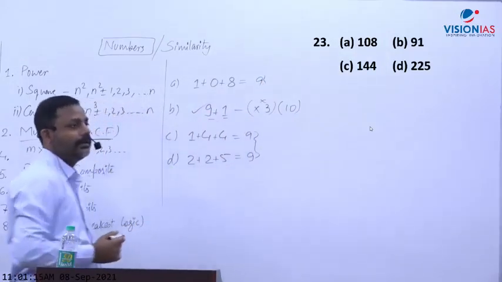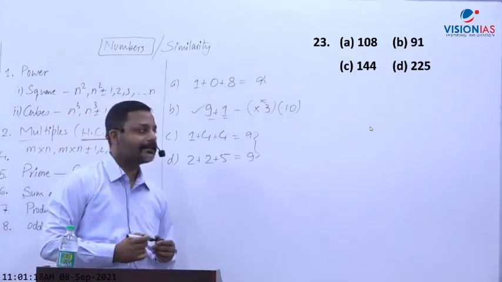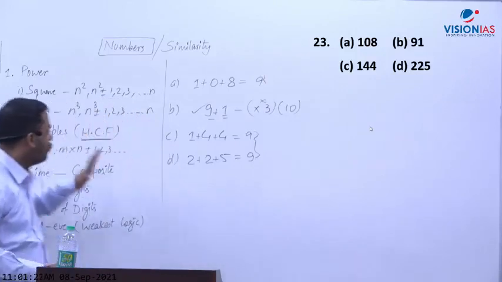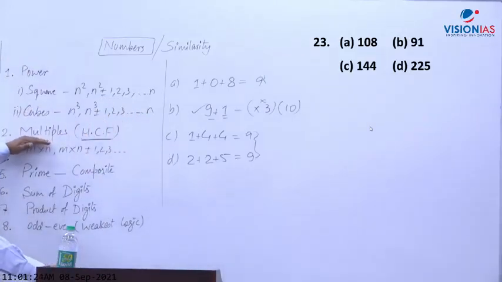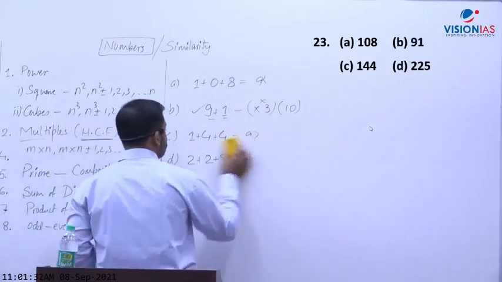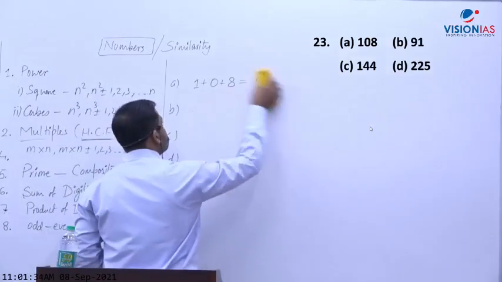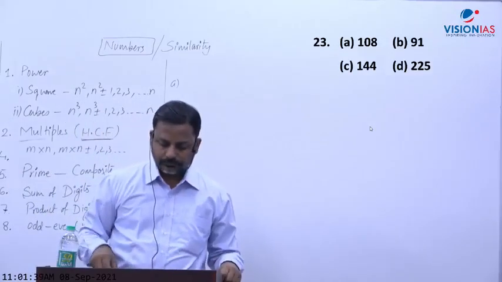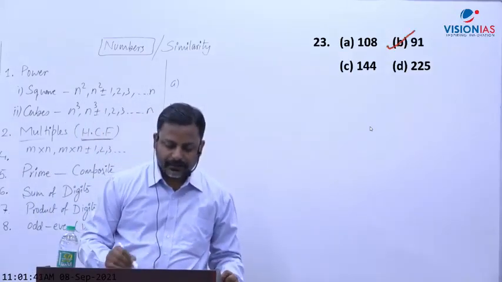So in this way also we can mark it as option B. But at first we have to put the logic of multiples first. So here the answer will be 91.